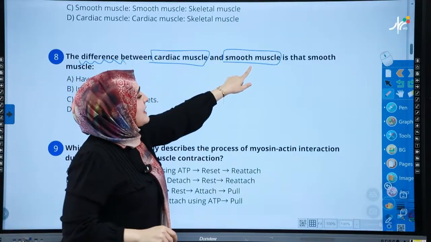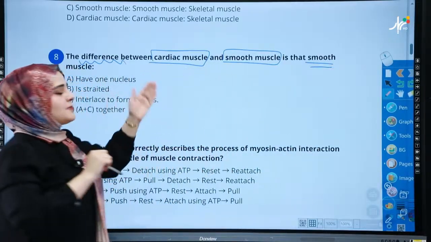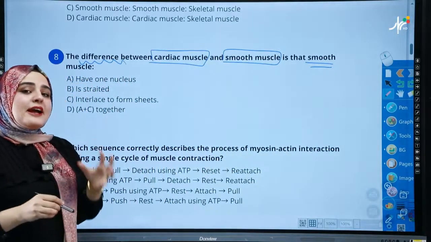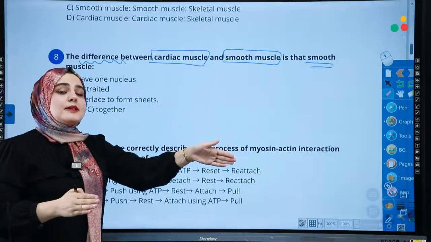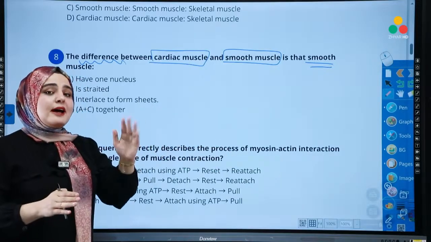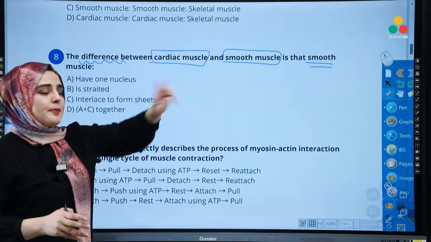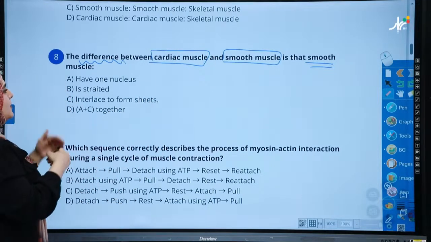Cardiac and smooth muscle are mentioned, and then at the end it mentions one of them back, says smooth muscle is. So we're going to actually look for something that smooth muscle have, but cardiac doesn't have it. Why? Because it's mentioned the second time. According to that, we're going to answer.